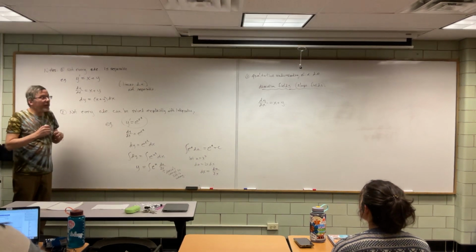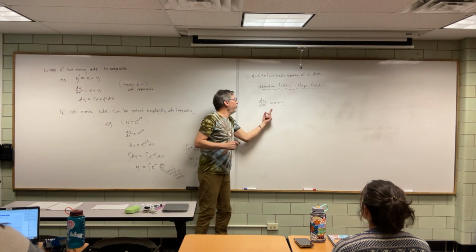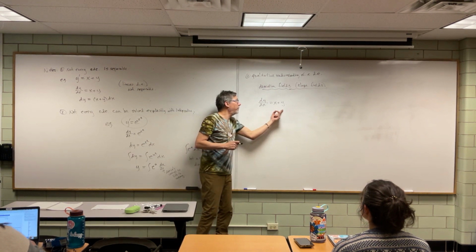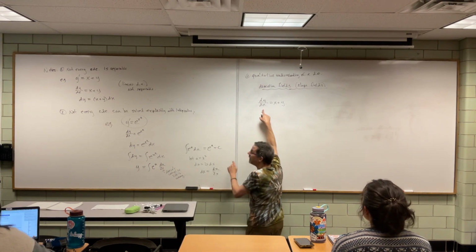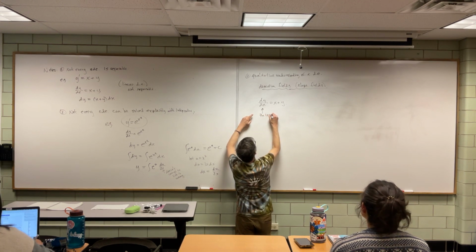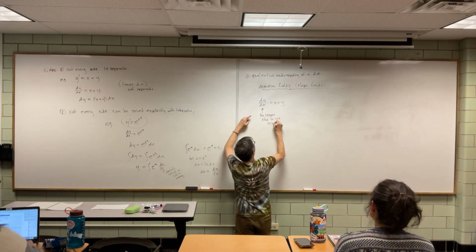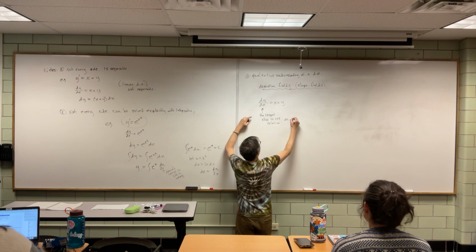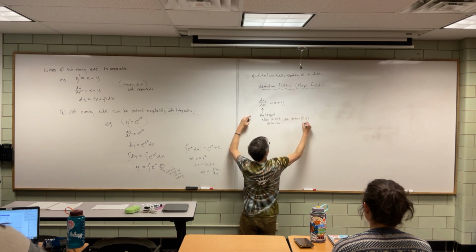So we're going to view this as information about the slope of the solution relative to points in the plane. So we can think of this as the tangent slope to our solution at point x, y in the plane.